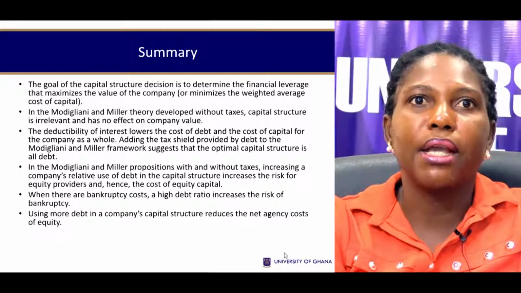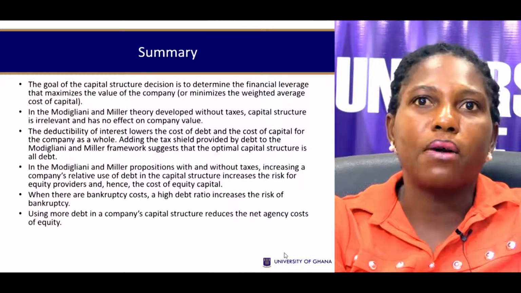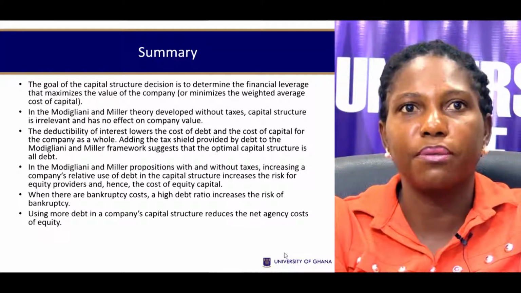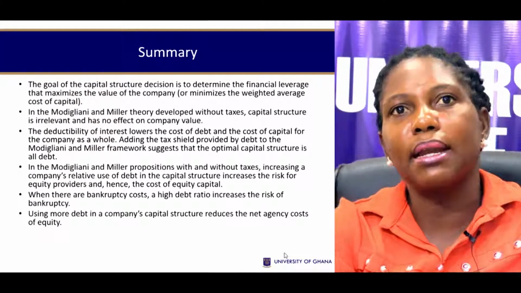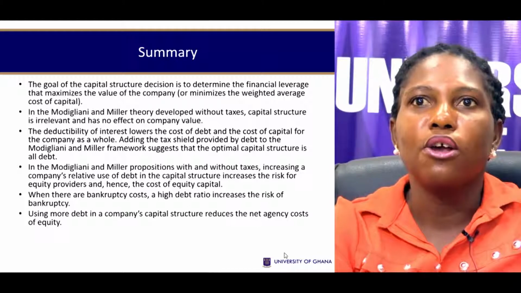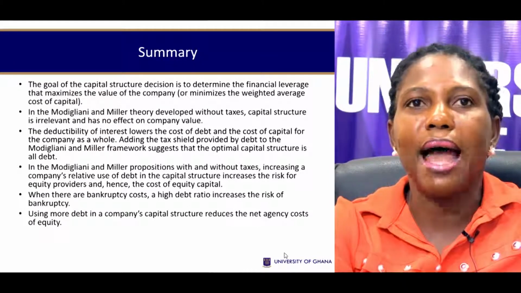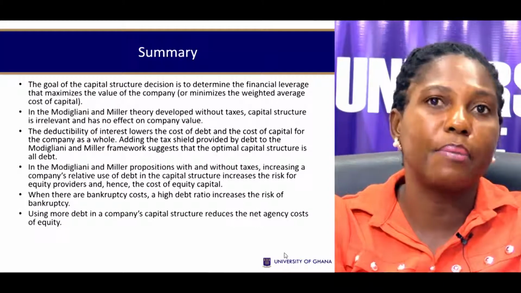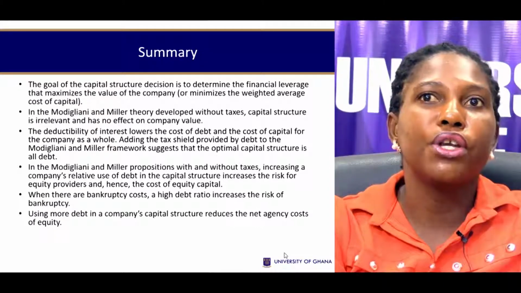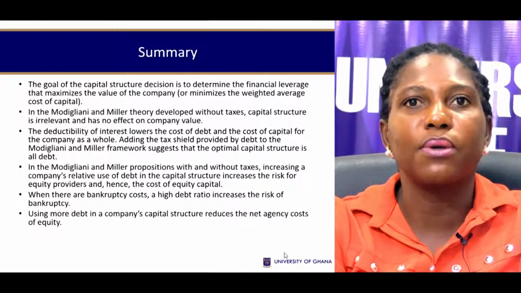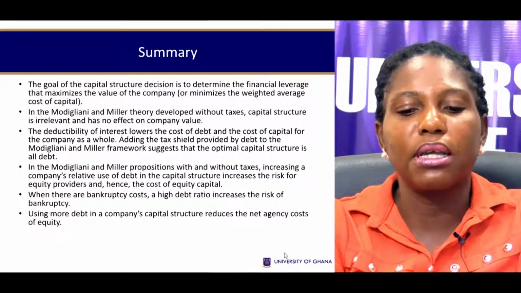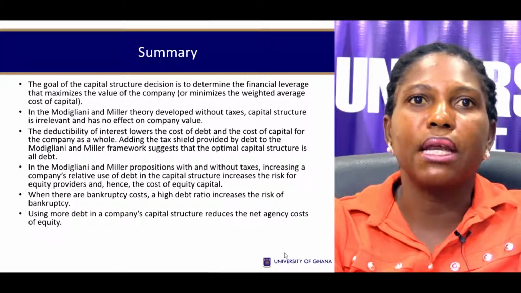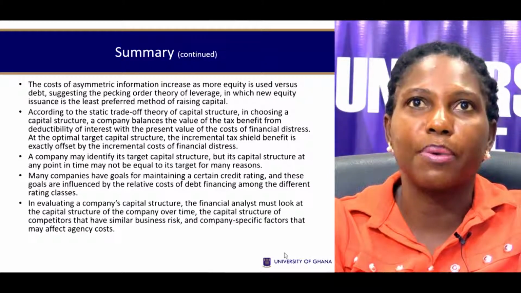Now, when we begin to consider bankruptcy costs, a high debt ratio increases the risk of bankruptcy. So using more debt in a company's capital structure would also have implications. On one hand, when we use more debt, we reduce the net agency cost of equity, and that could be favorable, reducing the overall cost of capital.